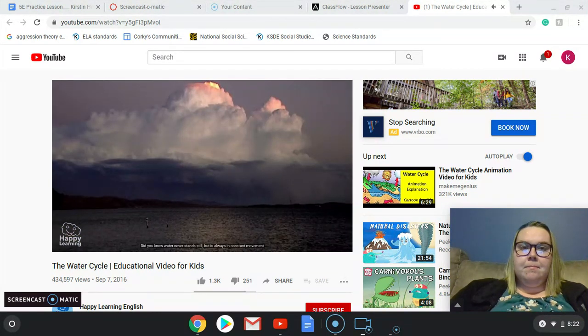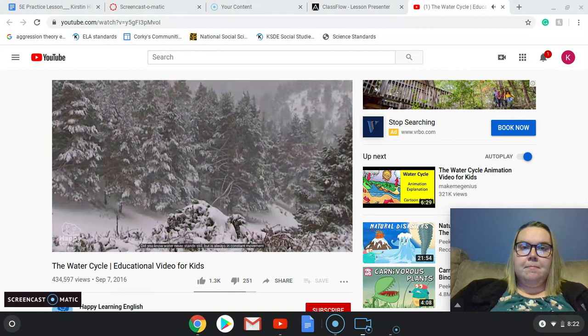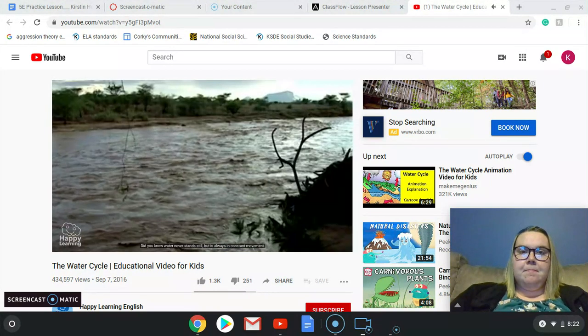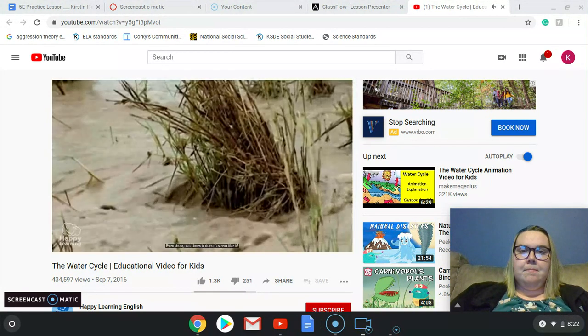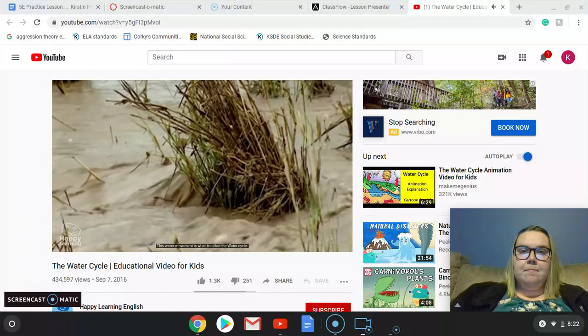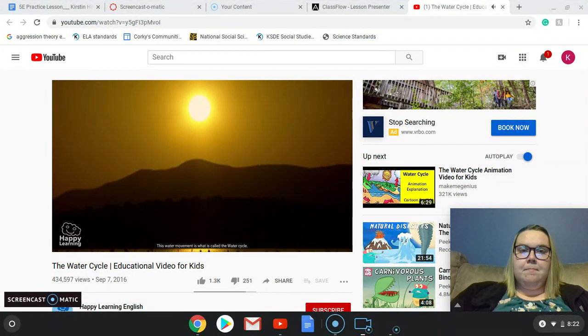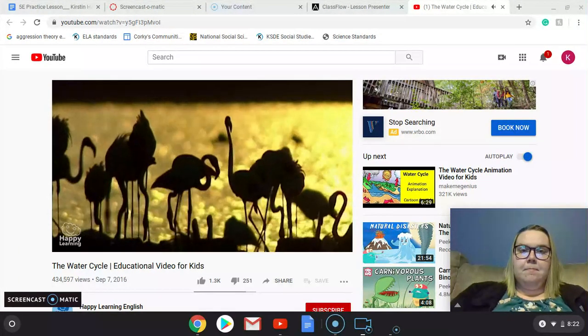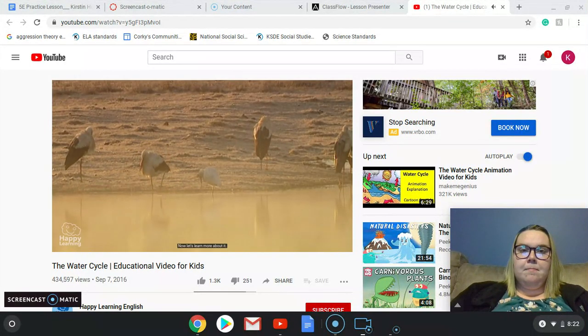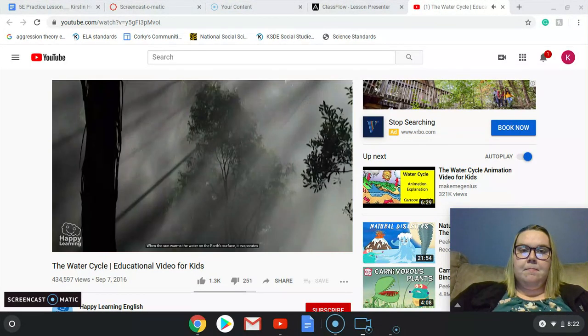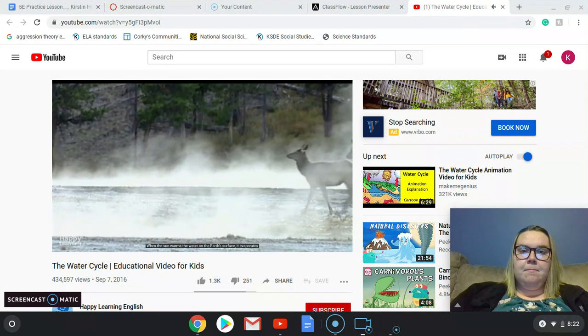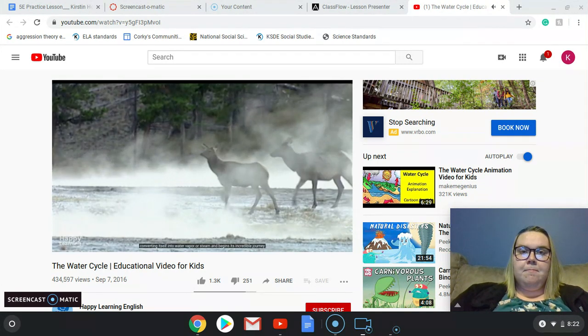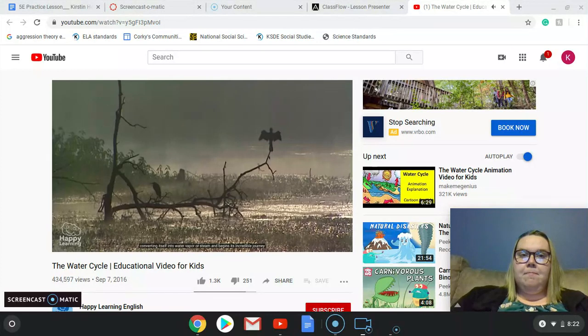Did you know water never stands still, but is in always constant movement, even though at times it doesn't seem like it? This water movement is what we call water cycle. Now, let's learn more about it. When the sun warms the water on the Earth's surface, it evaporates, converting itself into water vapor or steam.